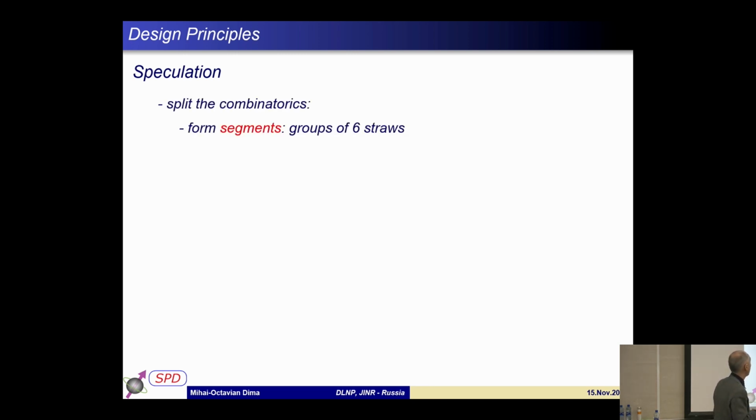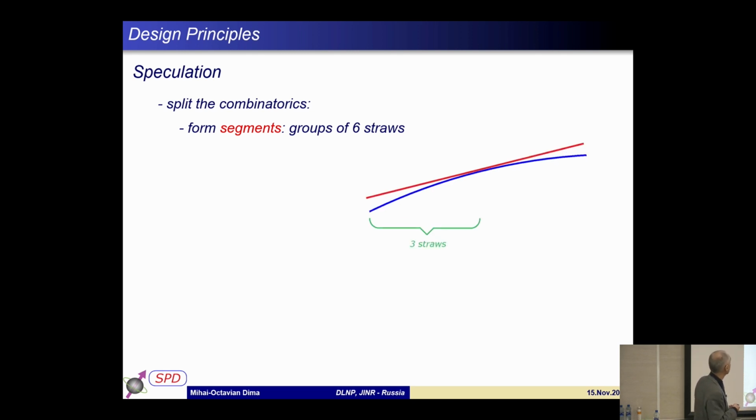Okay, so the idea that I propose is a 2-step pattern recognition. First, we form segments: a few hits, say within groups of 6 straws, and we form a segment. A segment has the advantage that it's linear, and a linear fit is fast. And then we group segments to form a track.